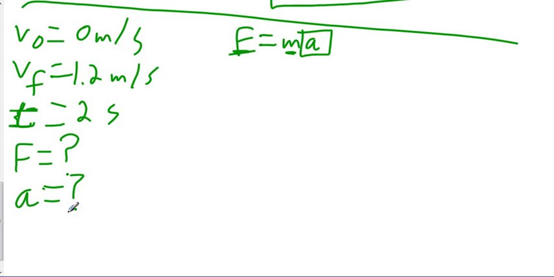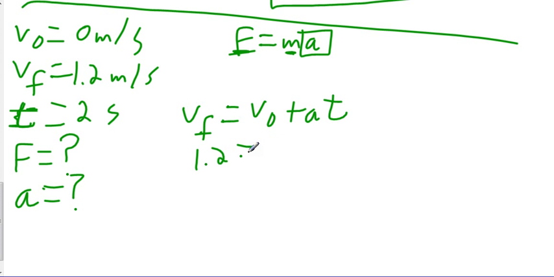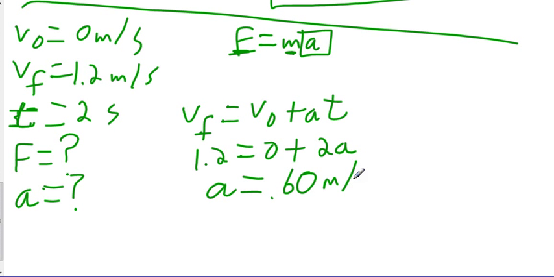So Vf is equal to V naught plus at. So 1.2 is equal to 0 plus 2a. So that means your acceleration is going to be equal to 0.60 meters per second squared.